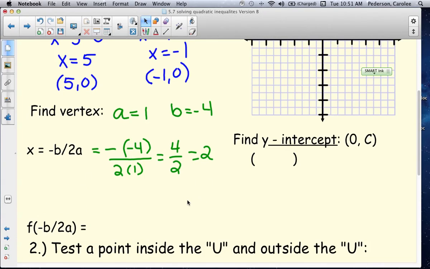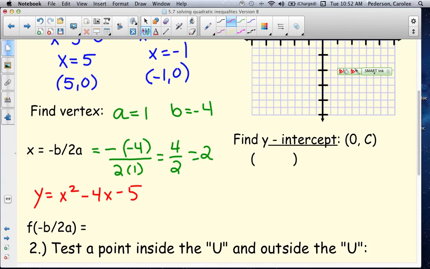The original equation was y equals x squared minus 4x minus 5. And I substitute 2 into here and 2 into there to get the y value.